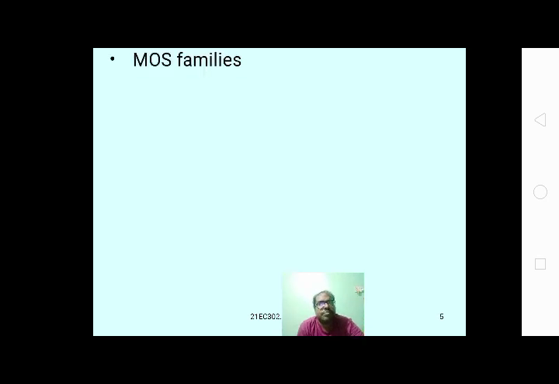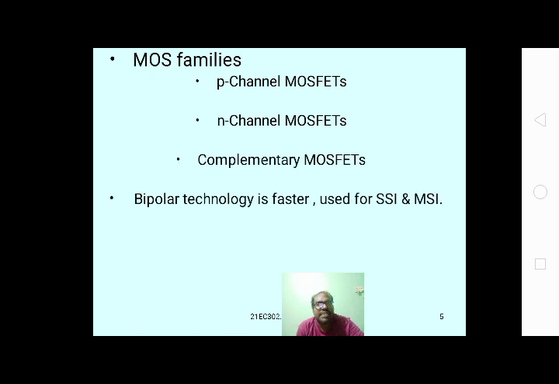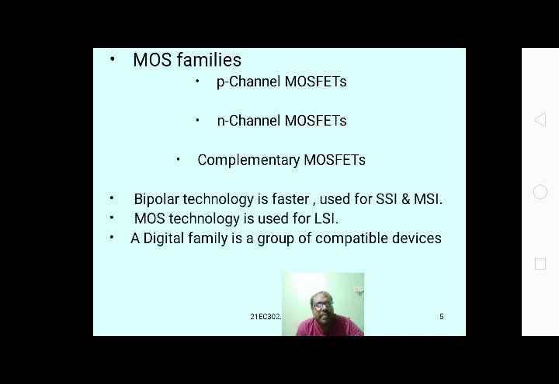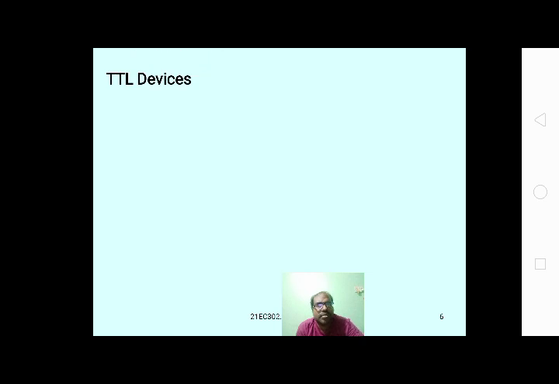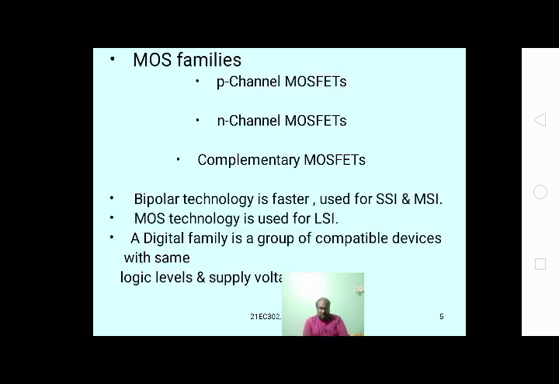Next one, MOS families: P channel MOSFETs, N channel MOSFETs, complementary MOSFETs. First of all, we must know that MOSFET means metal oxide semiconductor field effect transistor. Write in your notebook.